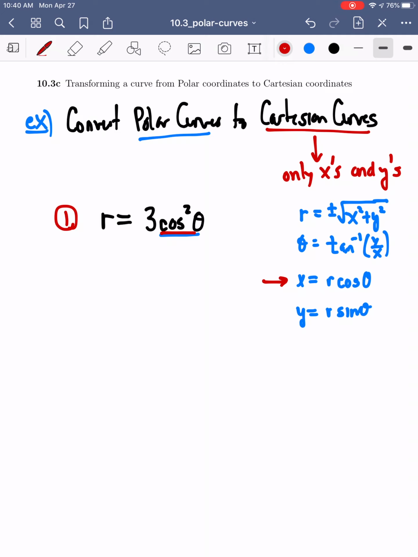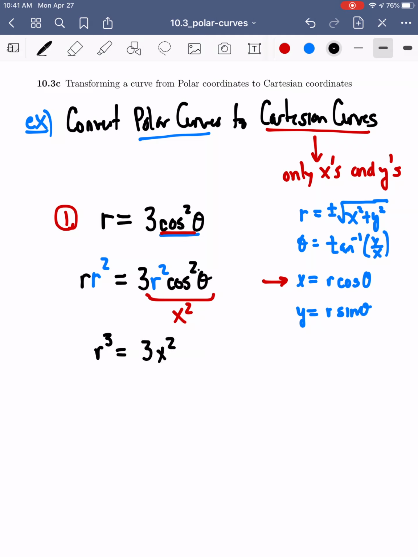So our first move, let's multiply both sides by r squared. On the left side, we will have r times r squared. The right side will have 3 times r squared cosine squared. And now this entire r squared cosine squared will just become an x squared for us. On the left-hand side, we have r cubed equals 3x squared now.